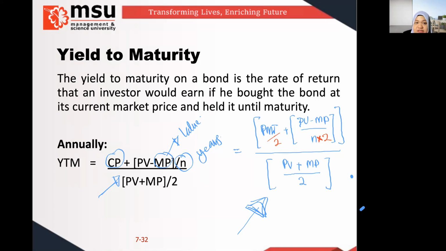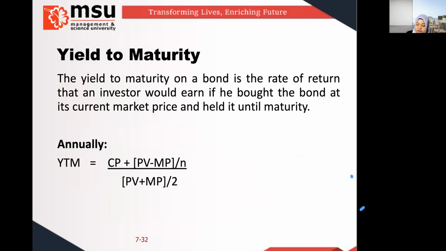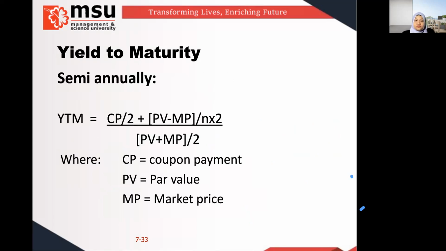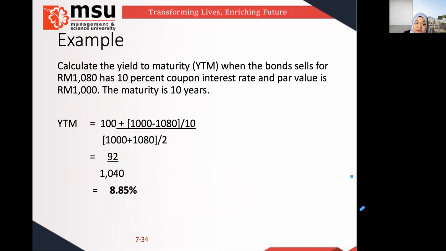So that's why we have to multiply by 2. So here, as I said earlier, coupon payment plus par value minus market price divided by n multiplied by 2. All this answer divided by par value plus market price divided by 2.